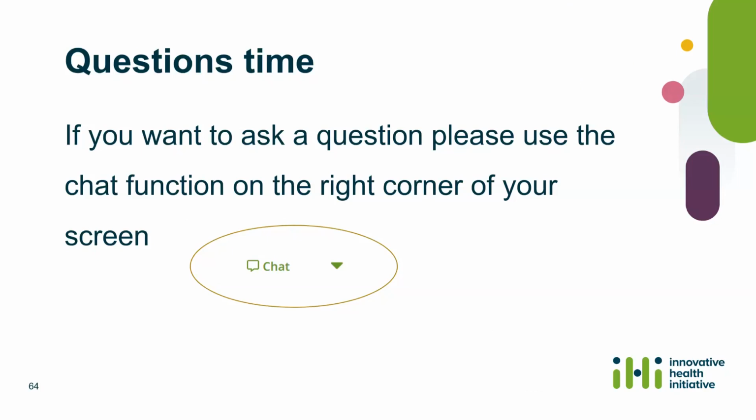And our next question, can a private member or a contributing partner based in the US receive IHI funding in a hybrid model? No, because US is not an associated country to Horizon Europe. So you need to have a look at the different conditions to be eligible for funding.